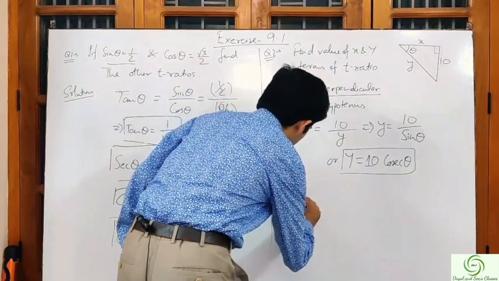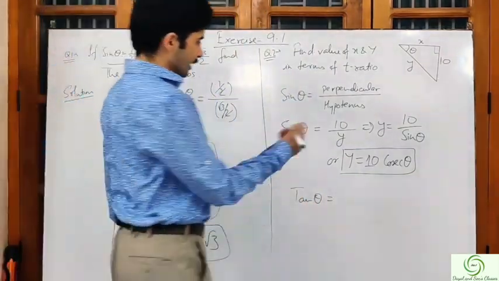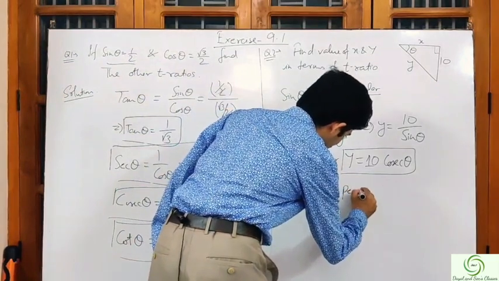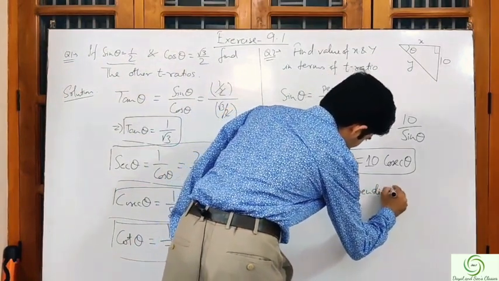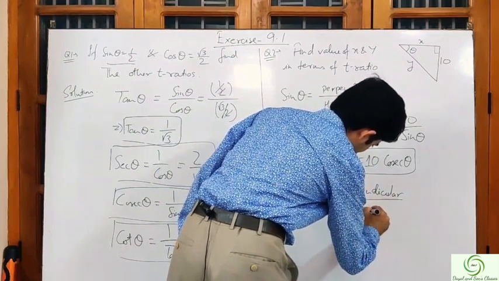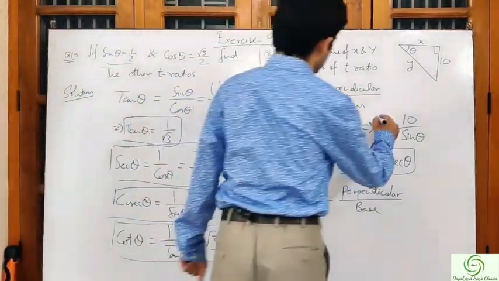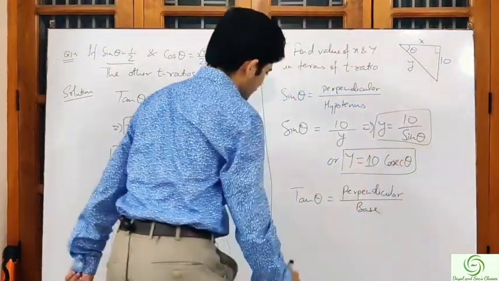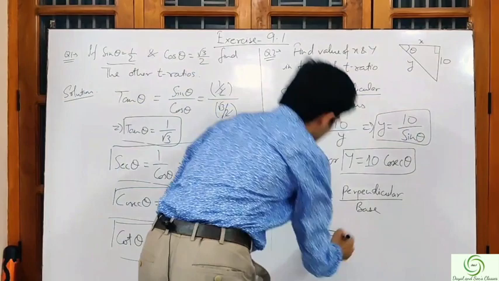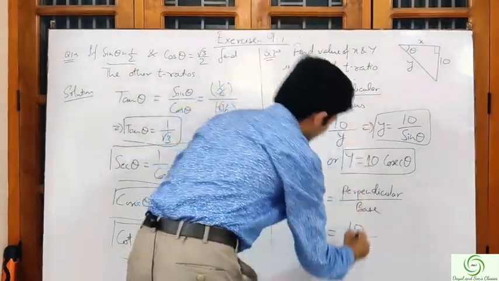Now, we know tan theta is equal to perpendicular upon base. That means perpendicular is 10 and base is x.